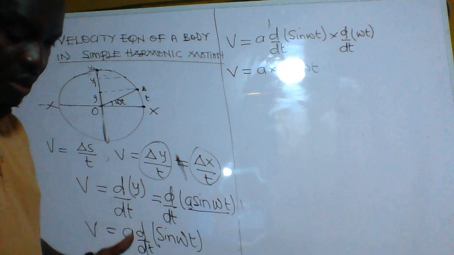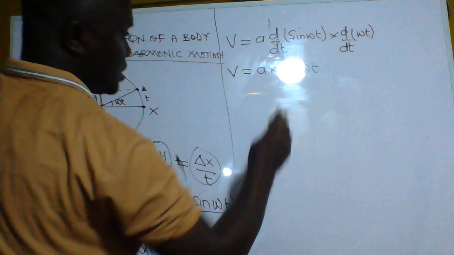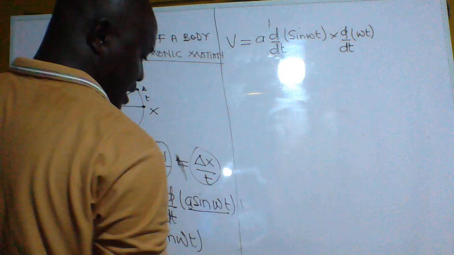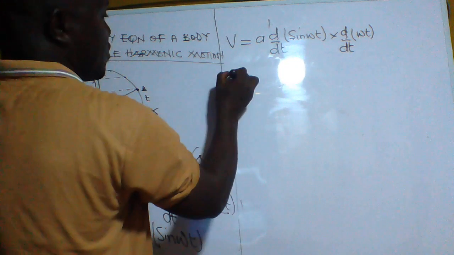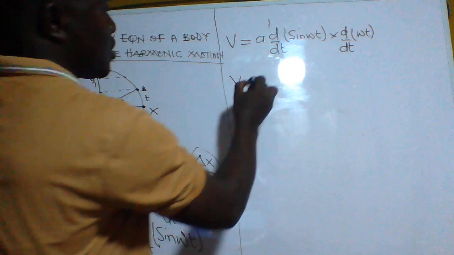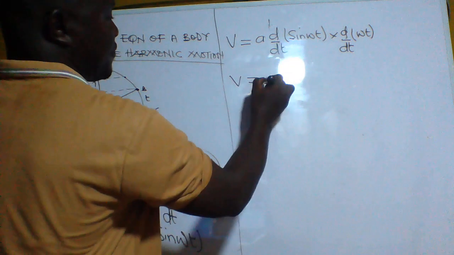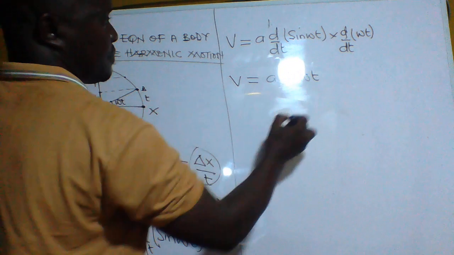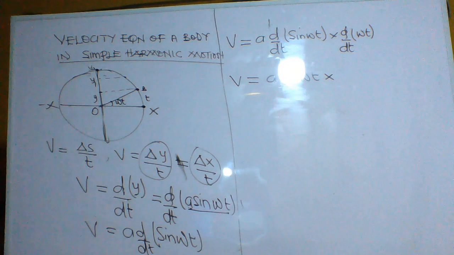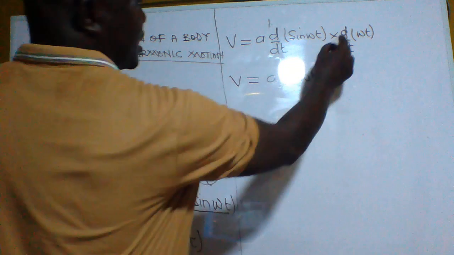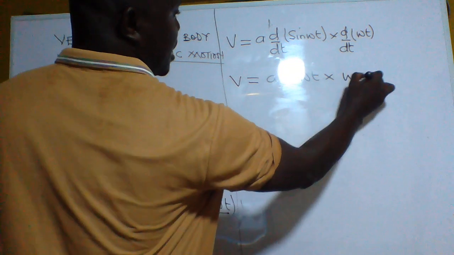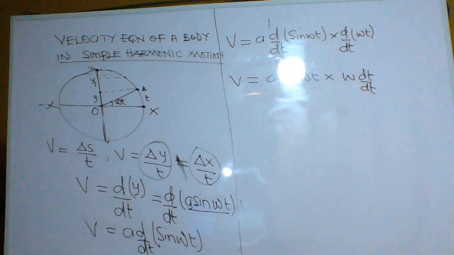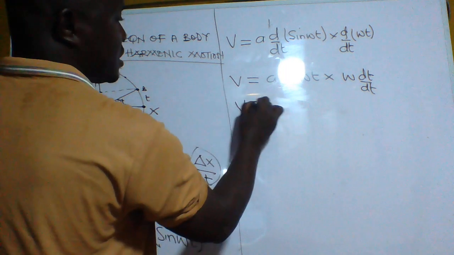Okay, let me bring it down because I could see the intensity of the light at that particular spot. So V will be equal to the differential of a sine function, which is a cosine function, times the differential of this, which is omega dt on dt. So we have V out.